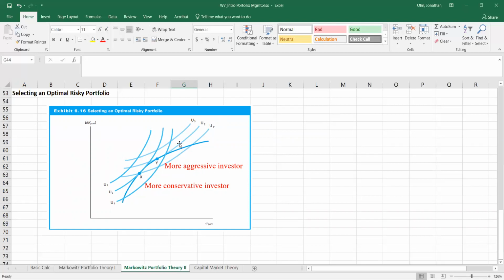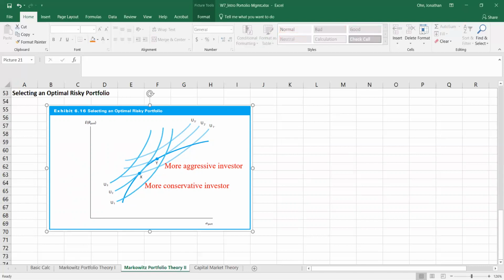Now, I told you, Markowitz efficient investors make their investment decisions along this efficient frontier, right? So for the X case, the maximum achievable satisfaction is U2. U3 is not achievable, it is out of their range. U1 is possible, but it shows much lower satisfaction. The maximum satisfaction that investor X will get is U2, the tangent point X star, right?